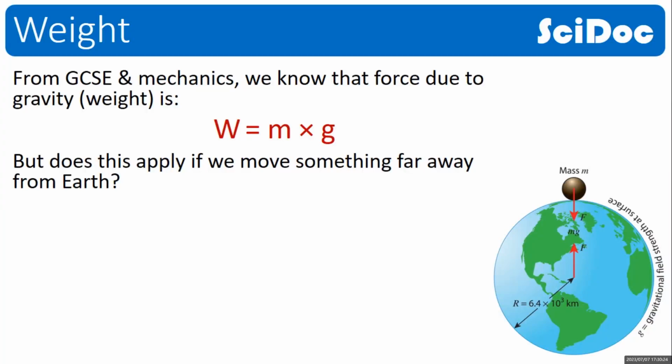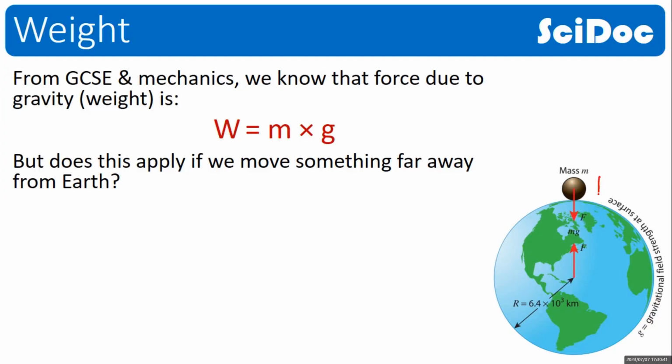For example, as you can see in this picture, there is a mass of some object placed on the surface of the earth, and because of this mass there must be some gravitational force acting on this object in the downward direction.